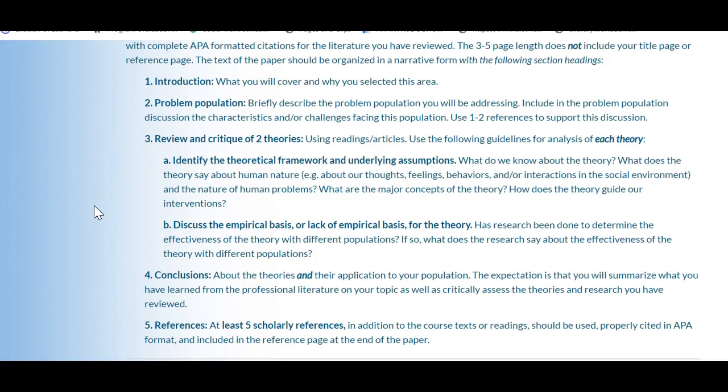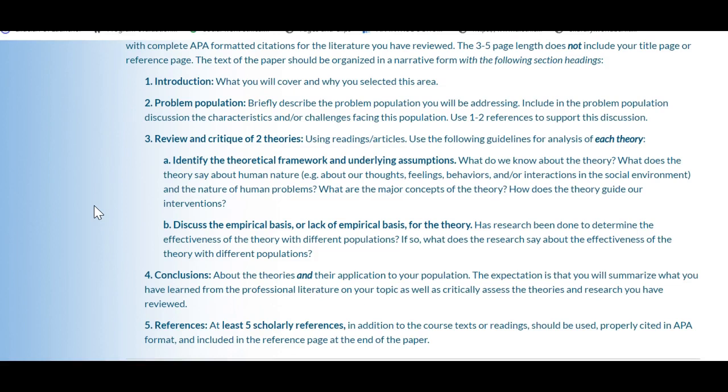You'll include a discussion of characteristics and or challenges facing this population using 1 to 2 references. So you can go to government websites or particular articles or book chapters that talk about this particular population, demographics, prevalence of the problem, and so on and so forth.